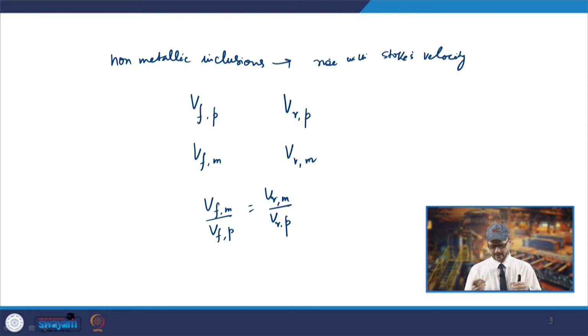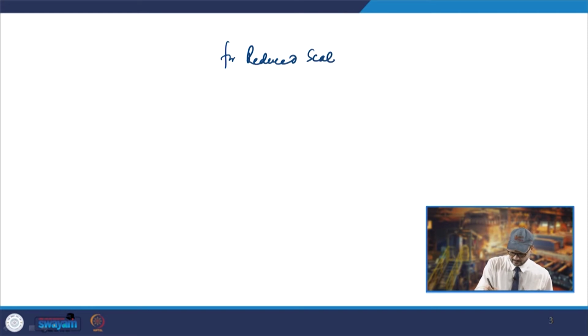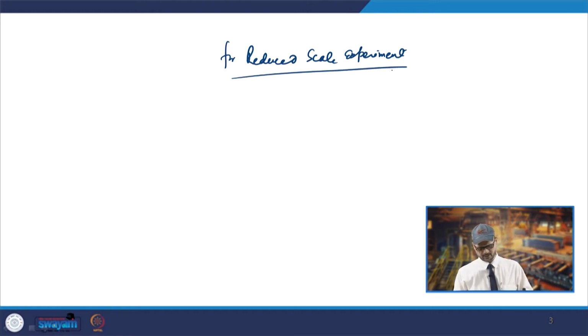So, if you take a reduced scale experiment, based on this Froude similarity assumption, what you see in these cases is that Vm will be Vp into root lambda.